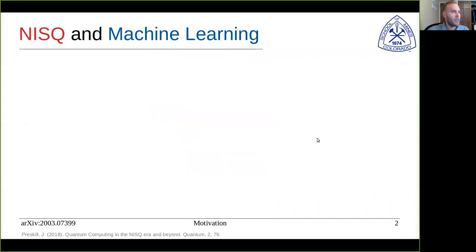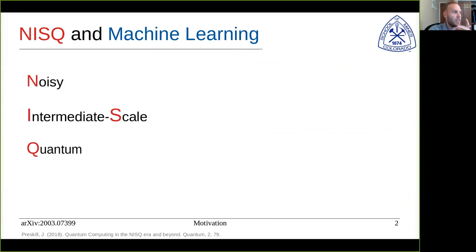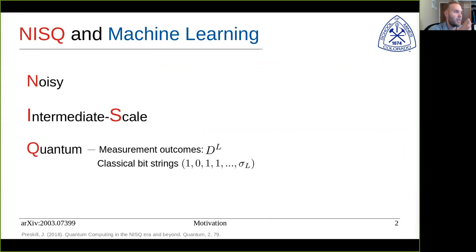First of all, why is it helpful to use machine learning in quantum devices? We are in the NISQ era of quantum computing, which stands for noisy intermediate scale quantum. Quantum implies local Hilbert spaces that scale exponentially, and measurement readouts, or projective measurements, give results as classical bit strings of zeros and ones, as shown here.